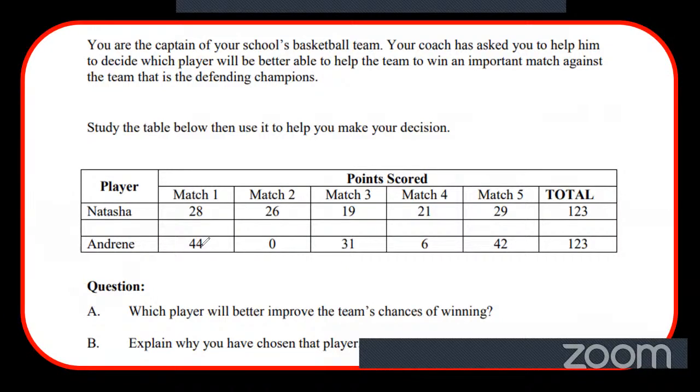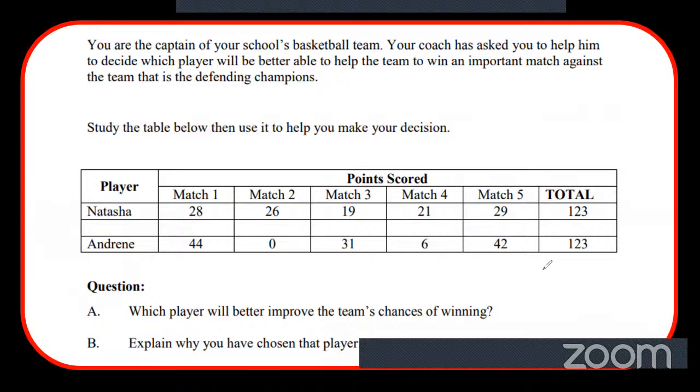I see that a lot of you would have agreed with me that Natasha is a better pick to play. Natasha is sure to score a lot of points, but Andreen, you cannot trust her. She scores a lot here, then she scores little, then a lot, then little, then a lot. Maybe the next one she's going to score a small amount too. And so, yes, definitely, Natasha is the better choice here.